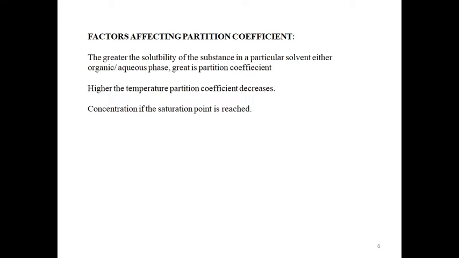There is also a role of temperature. At higher temperature, the partition coefficient decreases. This happens because both octanol and benzene are volatile components and can be easily evaporated at higher temperature. Hence, there will be no availability of these solvents for the distribution of the solute.